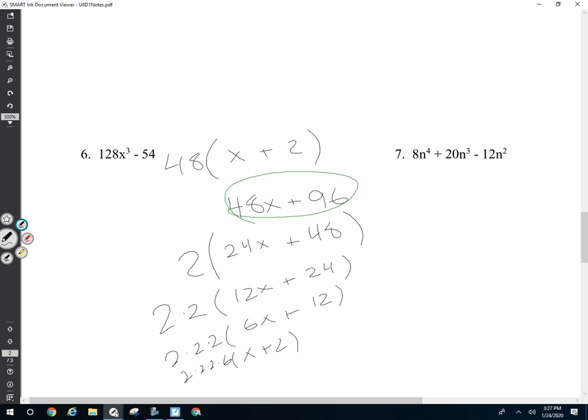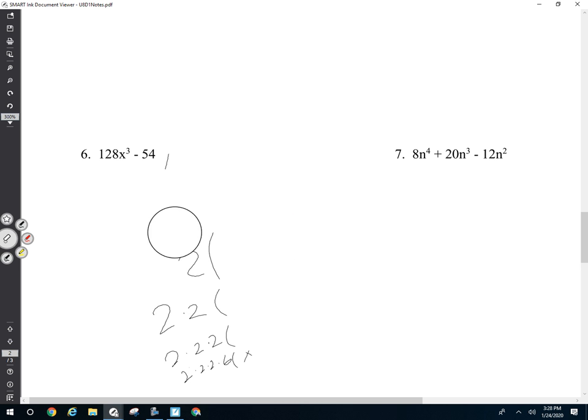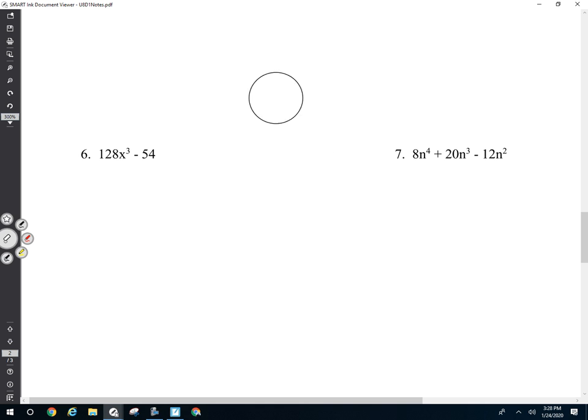What's 2 times 2 times 2 times 6? 4 times 2 is 8 times 6. What's 8 times 6? 48. 48 times x plus 2. That's what I got right here. So Mr. Stein says start with a 2. Great. If we don't see the biggest number, just start with something easy and then just keep going until you can't go anymore.